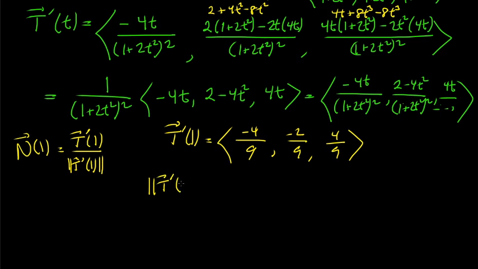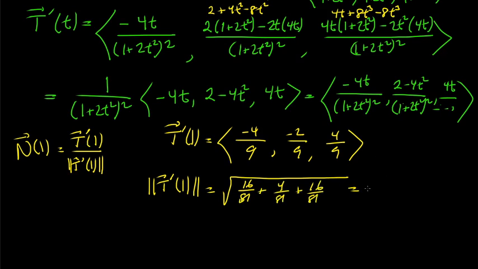If we take its magnitude, we get the square root of 16 over 81 plus 4 over 81 plus 16 over 81. So that's 32 plus 4 is 36 over 81. Under the square root, that's just 6 over 9, or 2/3. So after all that, we just divide by 2/3 or multiply by 3 over 2.